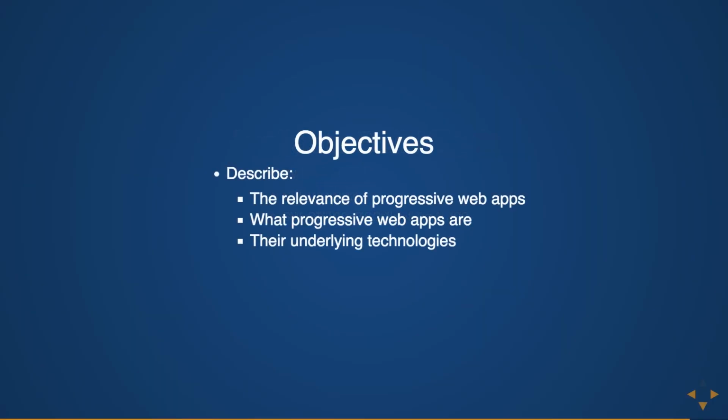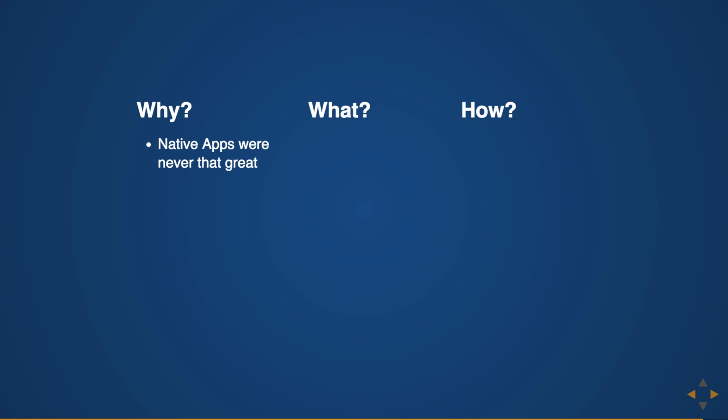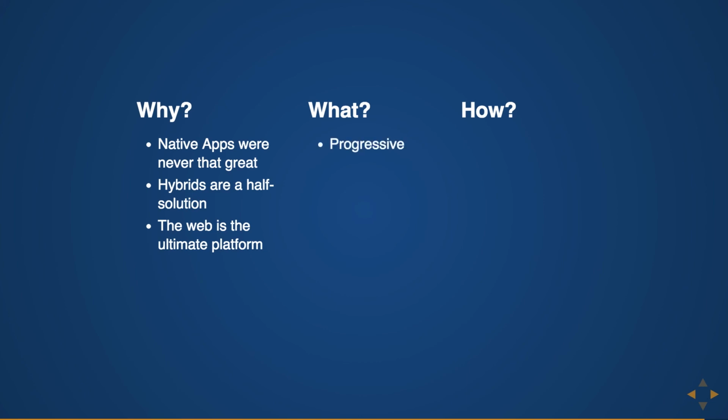So our objectives on this were to find the relevance of progressive web apps. We want to find out what they are. We want to understand their underlying technologies a little bit better. So why? Because native apps were never that great to begin with. Hybrids are a half solution, and the web is the ultimate platform. What are they?